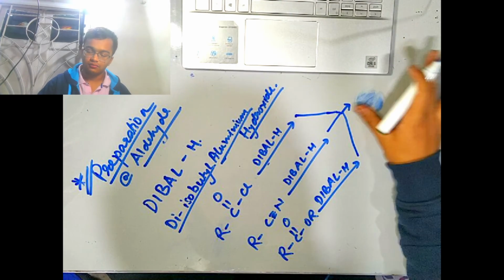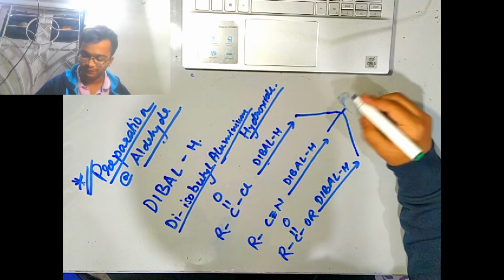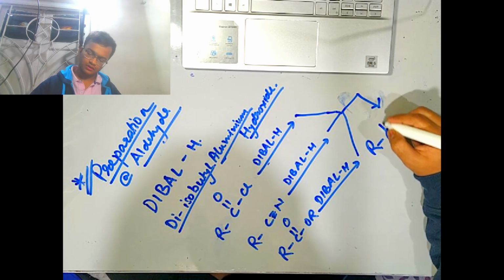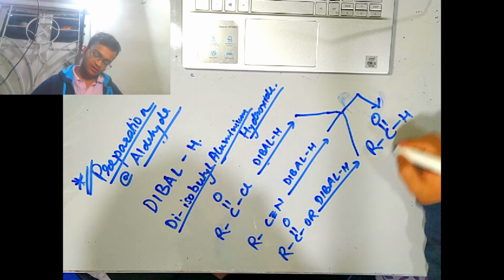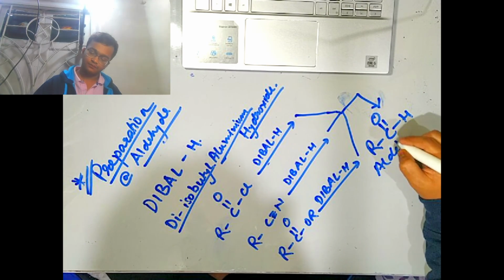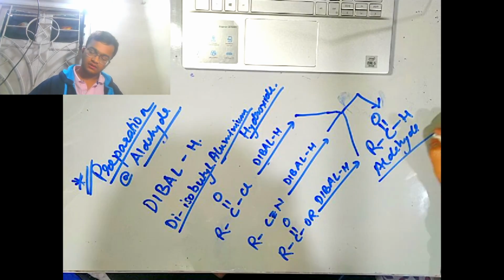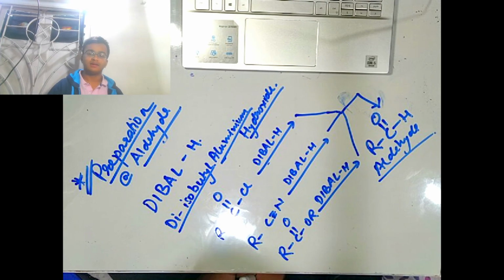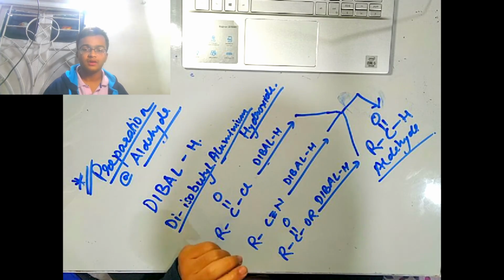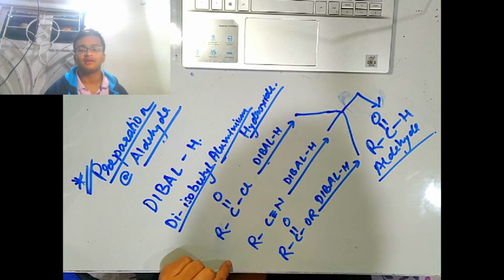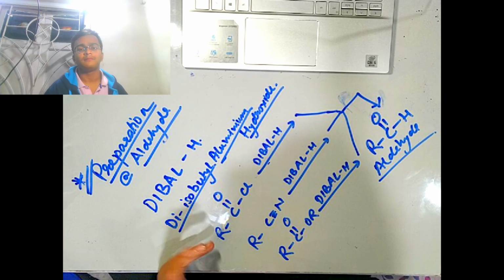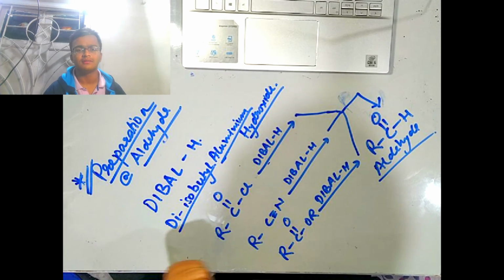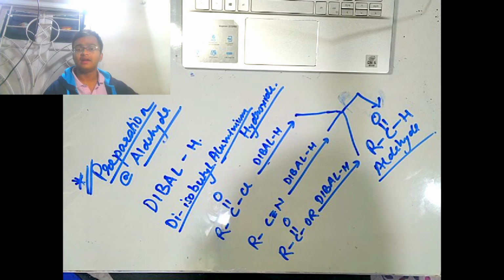I'm drawing it down to accommodate RC double bonded OH. What is this? This is aldehyde. See, this is a magical thing. Okay, when you react DIBAL-H with some acid halide, or it may be your nitrile, or it may be your ester, RC double bonded OR, aldehyde is being produced.